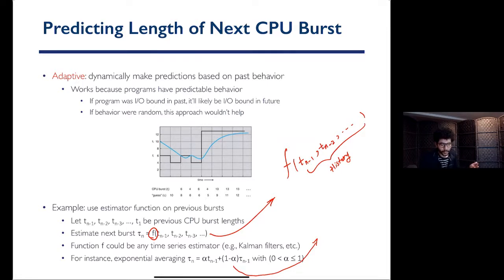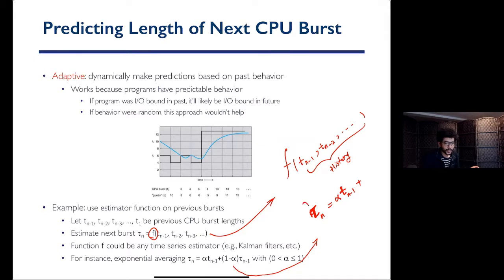One of the, again, most common ones is the exponential averaging. So basically, you say my prediction for next time, Tn, is some fixed ratio alpha times whatever the previous execution time was, Tn minus 1, plus, so let's put tau for my prediction and t for the history.